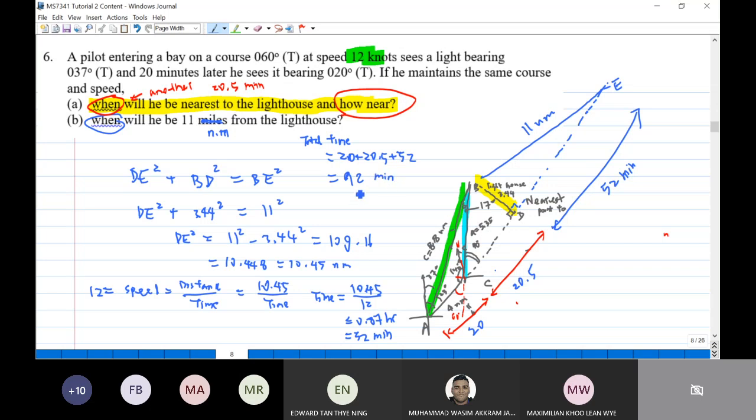Minutes here. So if you turn it to hours, 92 divided by 60 minutes, right? So this is 1.53.